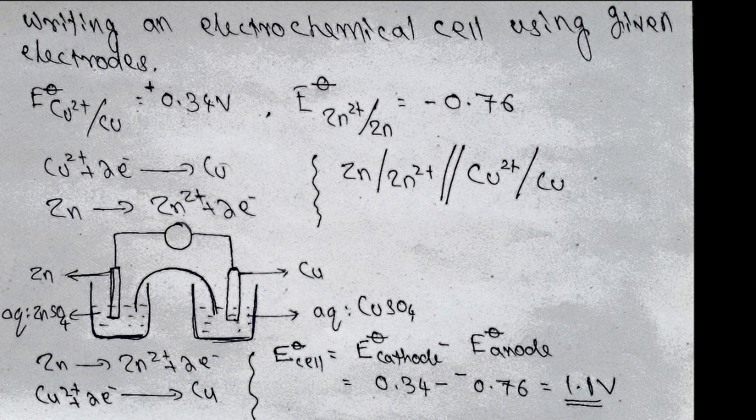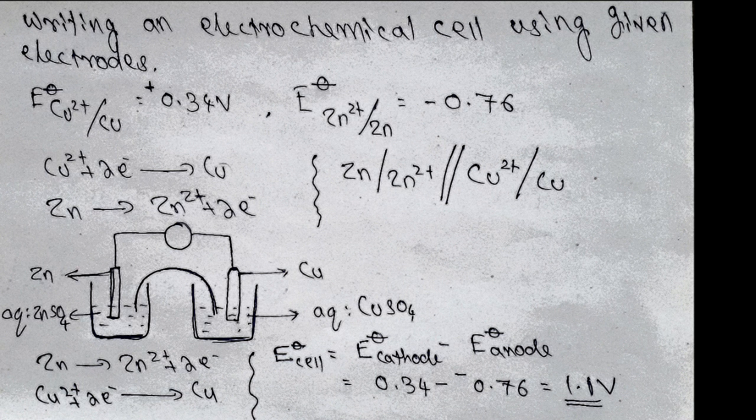Now how can we represent the electrochemical cell? See here on the right-hand side how to write an electrochemical cell. When writing an electrochemical cell, you always show the cathode on the right-hand side and the anode on the left-hand side. Cathode means the electrode in which reduction takes place.